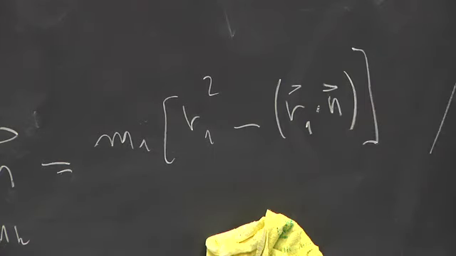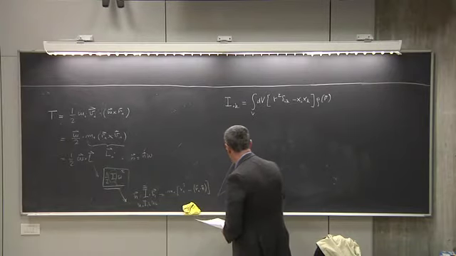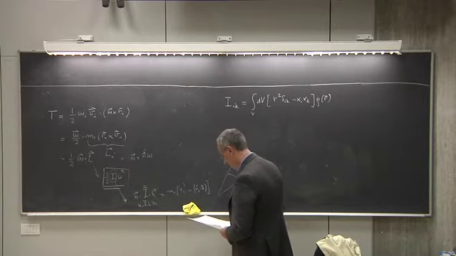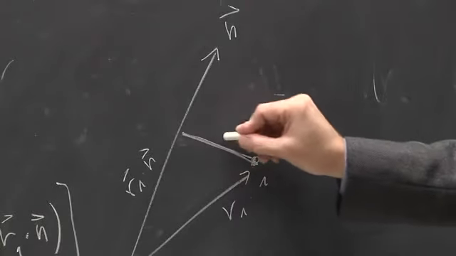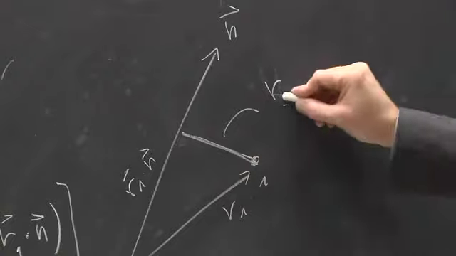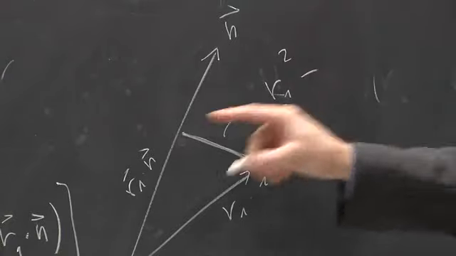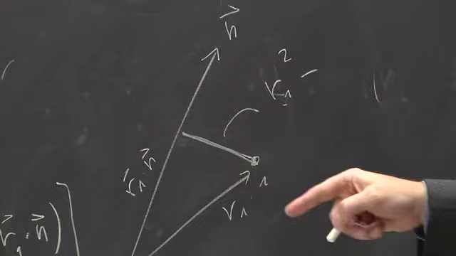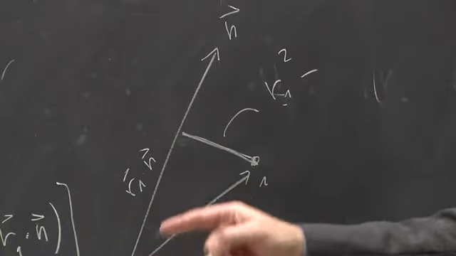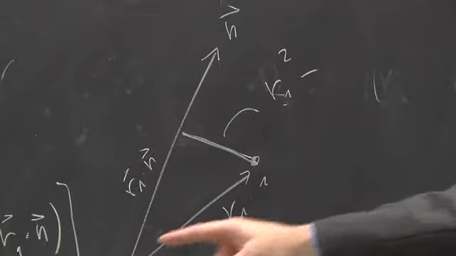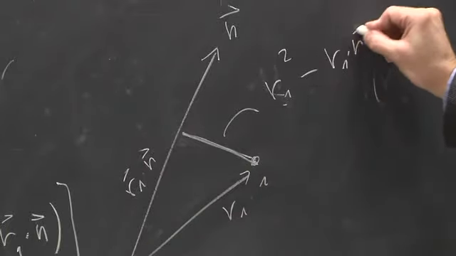So if this is n, and r_i is an arbitrary point here, I take the component here, this is r_i scalar n, right? And this distance here is r_i squared minus that component squared. You just use a Pythagoras triangle, right? r squared minus that r_i vector component squared.